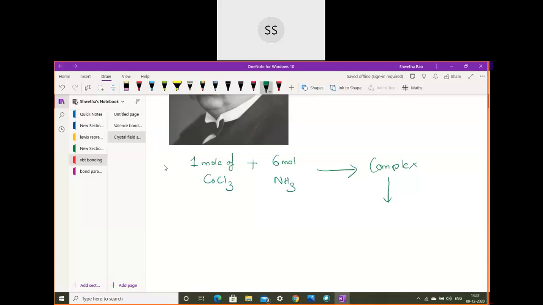What was the compound you were adding to get the confirmatory test for chloride? There is a name for that test. Anyone who can answer? At least do some guesswork.